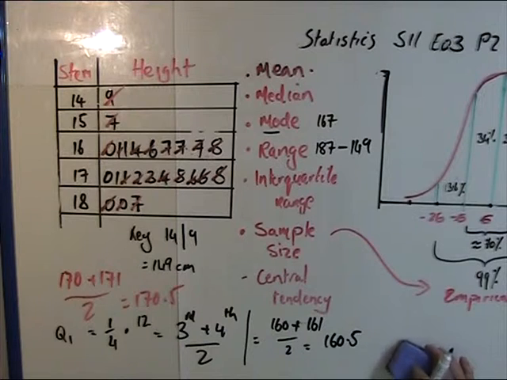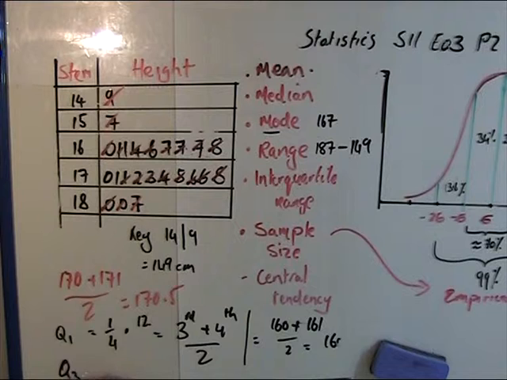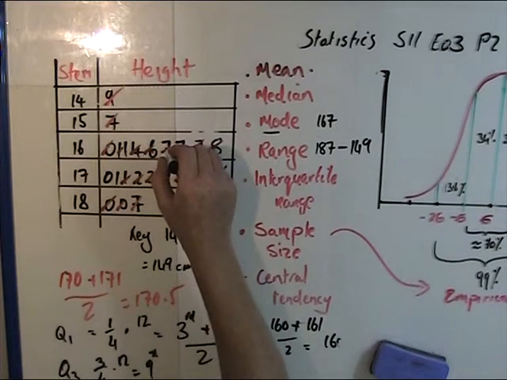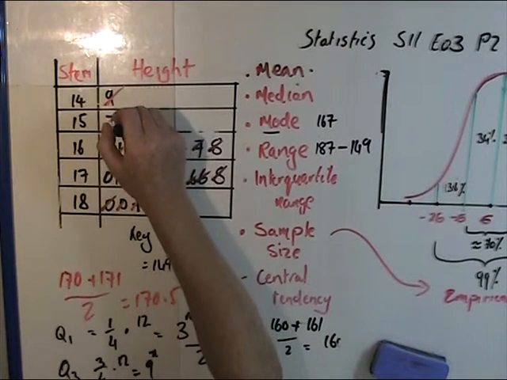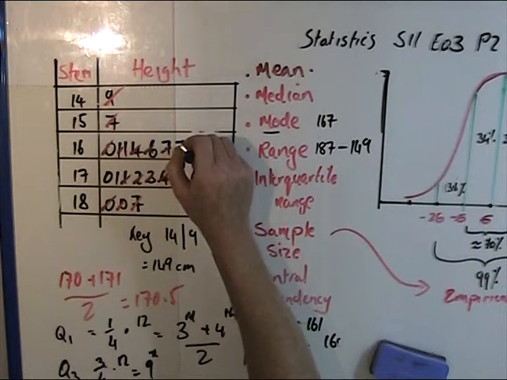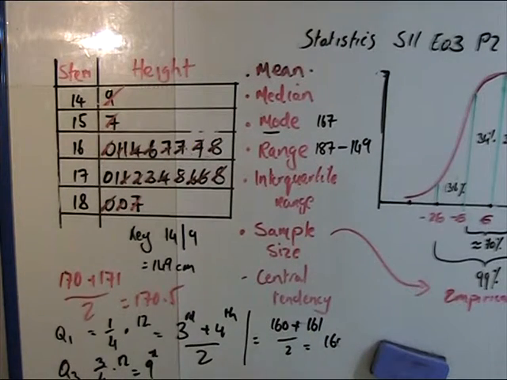It's only when you find the term that is a fraction that you round it down. So that was Q1, and then we found Q3, which is the 3/4 or the 75% of 12, and that worked out to 9. So it's the 9th term. Let me do that again: 1, 2, 3, 4, 5, 6, 7, 8, 9, and it was 167.